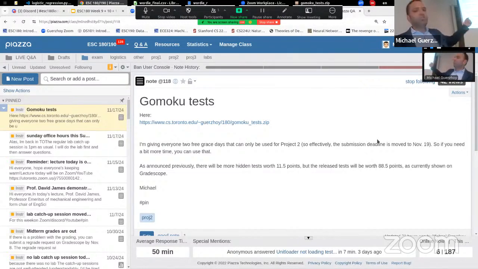For project 3, I give you the initial tests as usual. There's not going to be more tests for project 3 released publicly. As we go on in the semester, more and more we want to approximate what it looks like when you do the real thing. Of course, when you're solving a new problem, nobody gives you the tests.